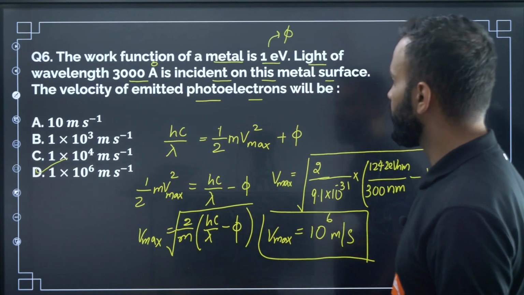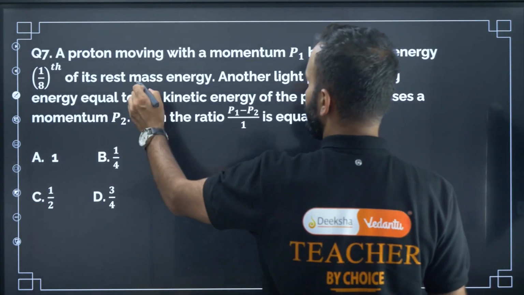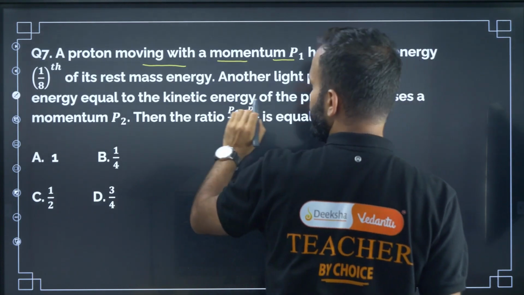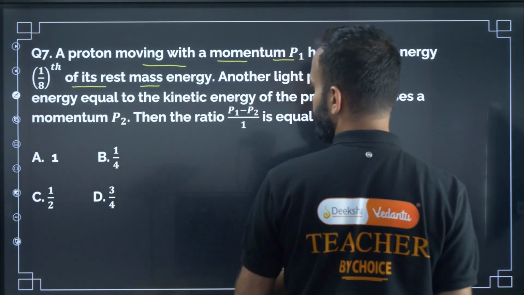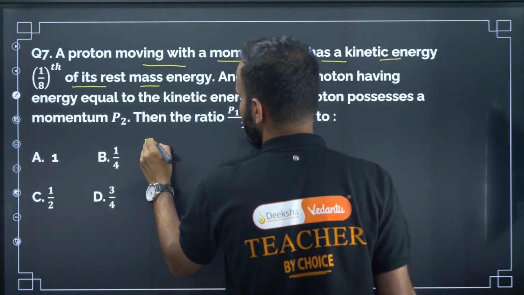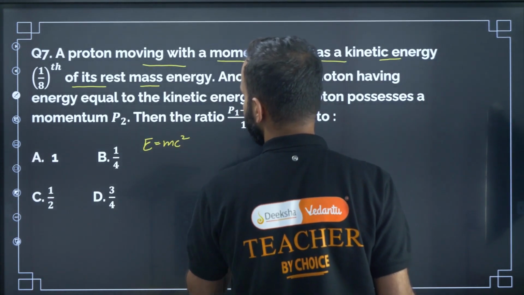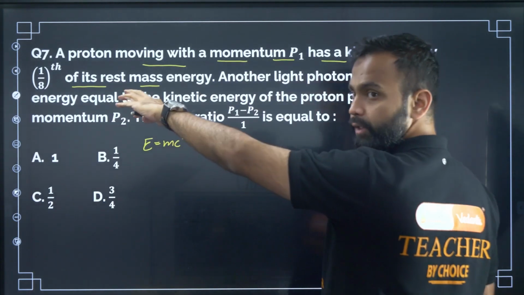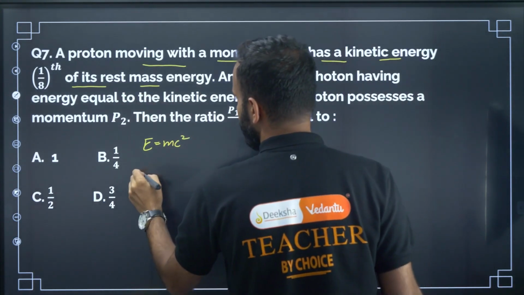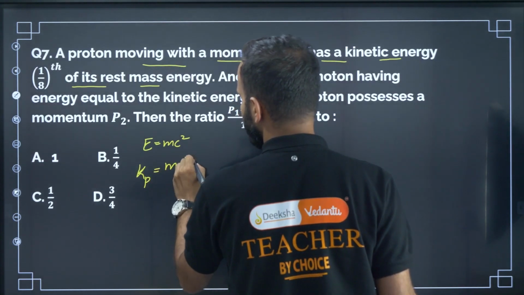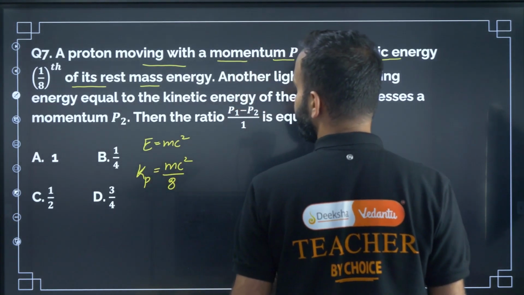Next question, question number 7. A proton moving with momentum p1 has a kinetic energy 1/8 of its rest mass energy. What is rest mass energy? Rest mass energy E equals mc square. So the kinetic energy of the proton Kp is equal to mc square divided by 8.